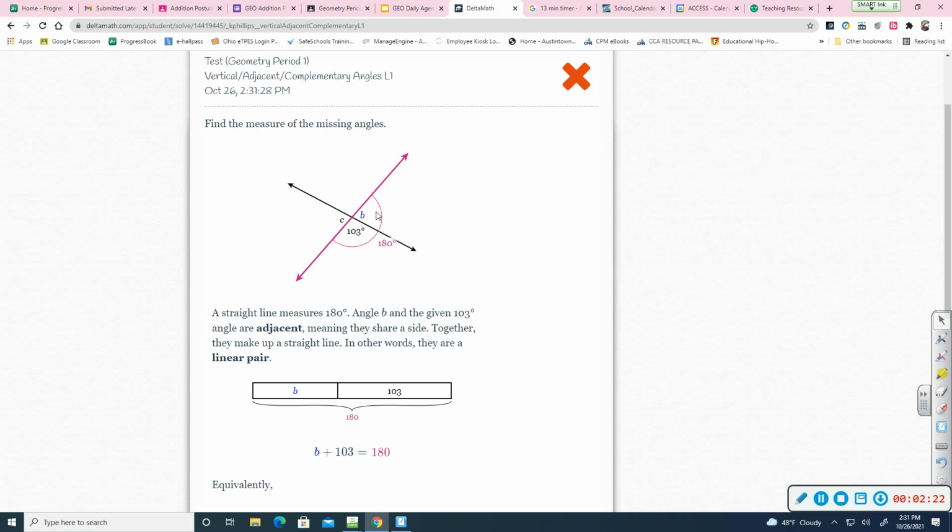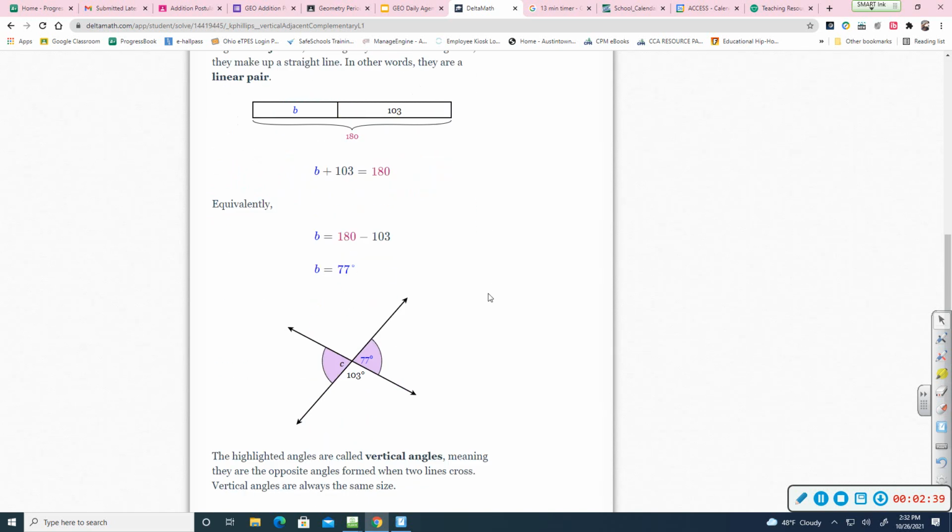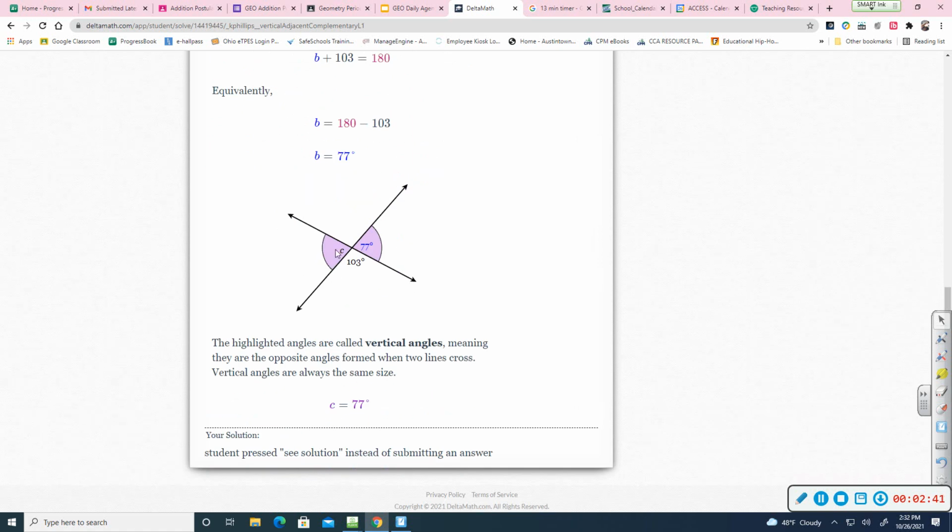So to find the measure of angle B, you're going to take 180 and subtract 103 to get that angle B is 77. Now, angle B and angle C are across from each other, which means they are vertical angles. Vertical angles we know to be congruent. So if this angle is 77 degrees, that means angle C is also 77 degrees.